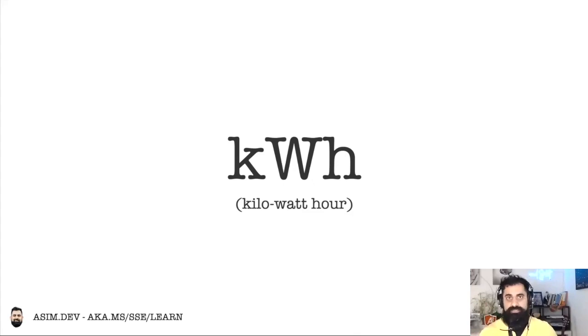A watt is a flow, or power. 1 watt means 1 joule per second. A kilowatt is 1,000 watts, so it's 1,000 joules per second. And a kilowatt hour is the volume of electricity you would get if you let that run for 1 hour. So kilowatt hour is a measure of a volume of electricity.